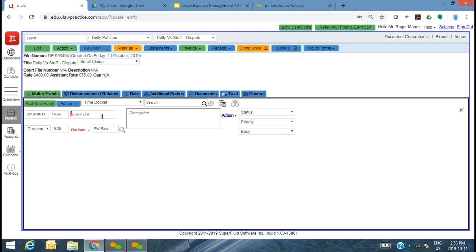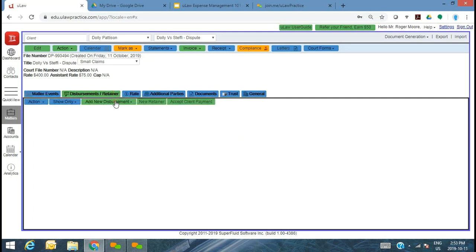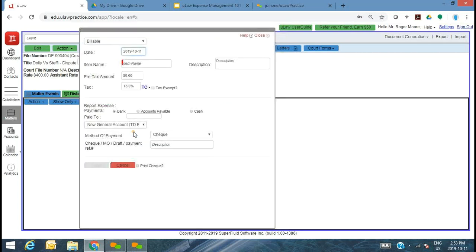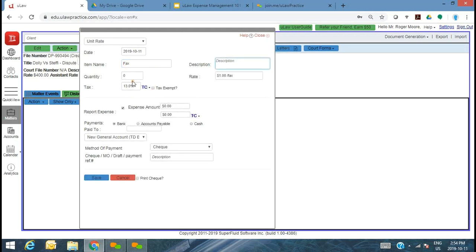But if I were to just focus my attention on disbursements itself, I could go ahead and say, all right, I'm going to add a new disbursement. It's really the first transaction in this matter. And I'm going to pay for some faxes that I did. So I'm going to type in fax, and you're going to notice the screen change to a unit rate.